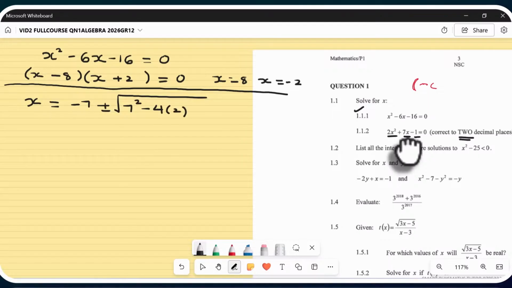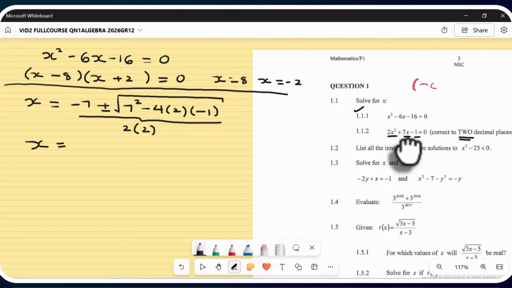Calculator, what do we get here? Negative 7 plus the square root of 7 squared minus 4ac, where a is 2 and this is negative 1, then divided by 2 times 2.